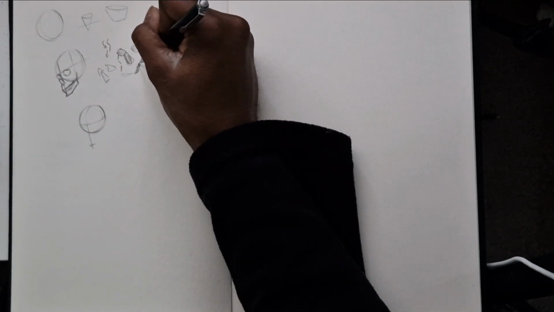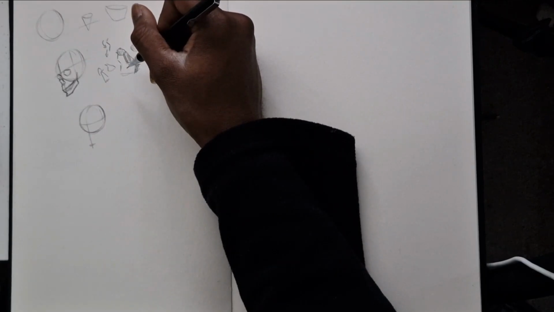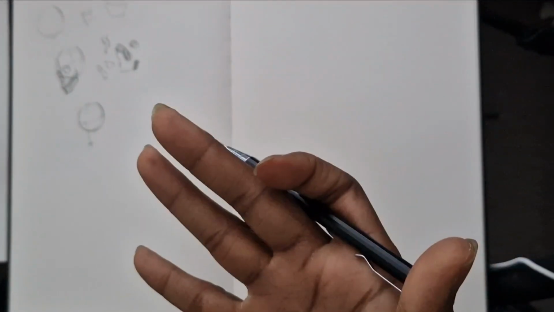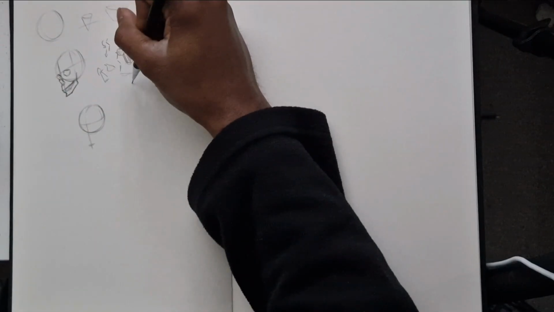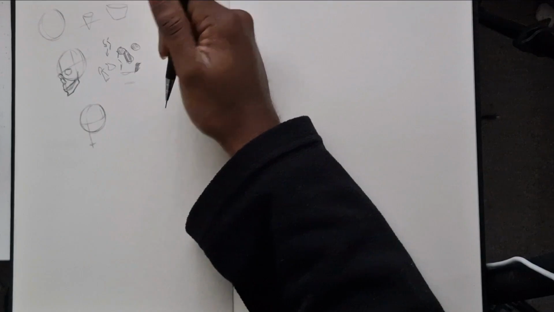and then you're also gonna have this small shape here next to the maxilla, which is the upper part of your mouth that goes down into your upper teeth, and the mandible, which is the lower half, which is where the chin is, and that goes into the bottom half of your teeth.